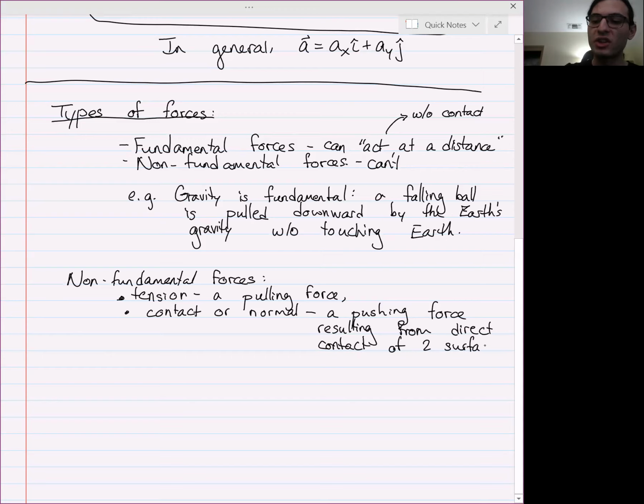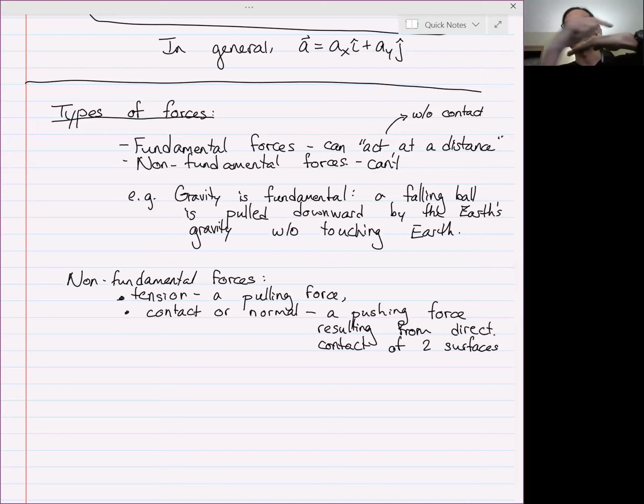So the way to imagine the normal force, or the contact force, and I'll use that language interchangeably, is when one object pushes against another, there is a force between them, assuming they're not just both floating there. For example, I'm sitting in my chair because I'm being pulled down by gravity, so the chair is pushing up on me. The reason it's called a normal force is because the force is always perpendicular to the surface. So if you have two surfaces touching like this, the force will be upward or downward.